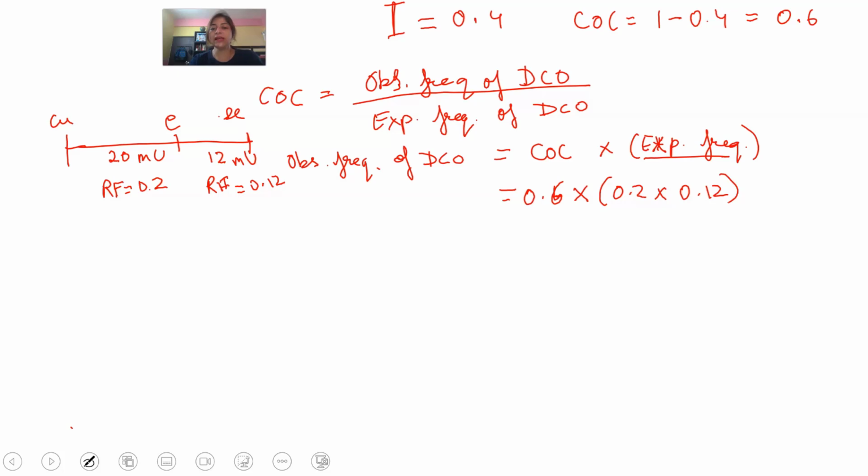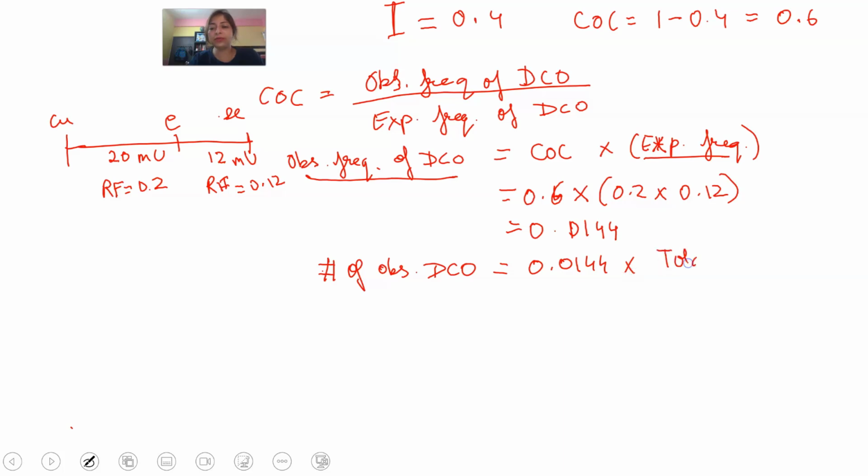Okay, so this will help us to calculate the observed frequency of double crossover. When you do that, you will get the value of 0.0144. Now this is the frequency; we have to calculate the number. So the number of observed double crossovers will be whatever its frequency is multiplied by the total progeny.